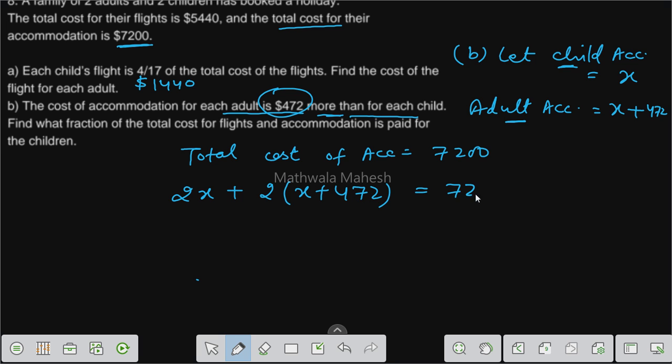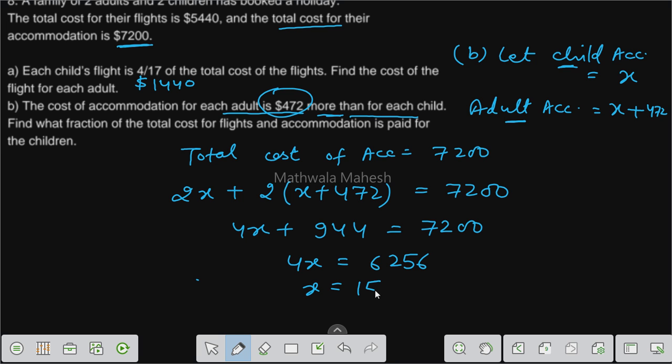This is 7,200, and 2x plus 2x is 4x, plus 2 into 472, which is 944. So 4x plus 944 equals 7,200, 4x equals 6256, x equals 1564.